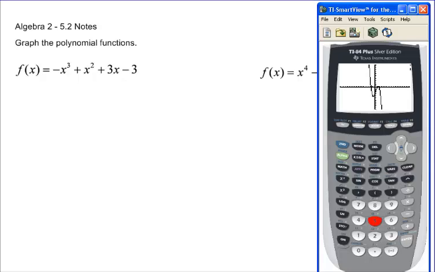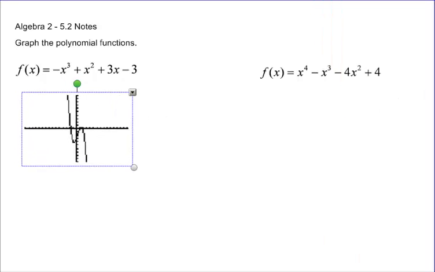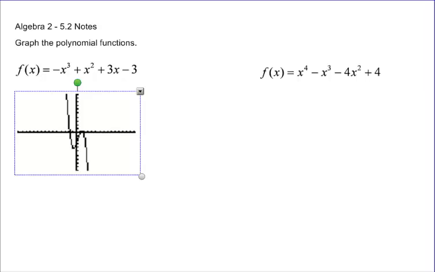And this is actually the best shot, the most honest representation of this graph. And so there's our first graph right there. And a third degree, so it's got one side up, one side down. It's got a couple of bumps in it, some maximum and minimum values here. And this is all you do.